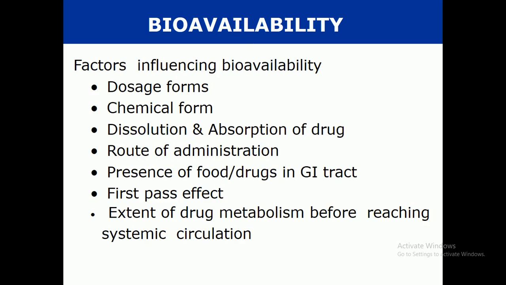In that case, definitely the bioavailability of the drug will be affected, because as we have already said, all the drug and food must be metabolized in the liver before reaching the systemic circulation. In other words, it can be defined as the extent of drug metabolism before reaching systemic circulation.